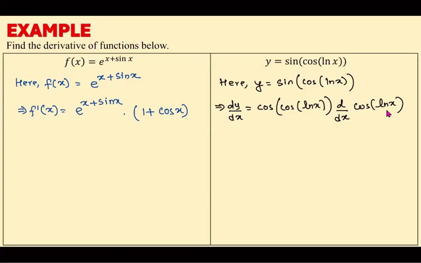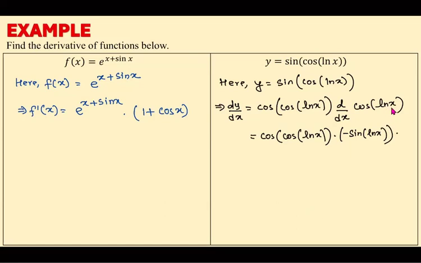The first part will remain the same, which is cosine natural log x. Now the derivative of cosine, this is also a composite function. The derivative of cosine is negative sine, so we write negative sine natural log x. And then we multiply by the derivative of the inside function.